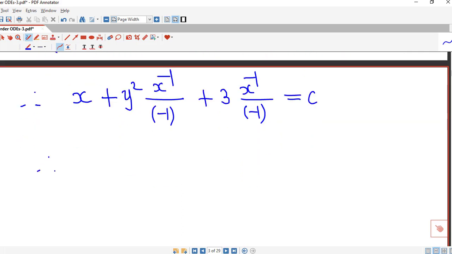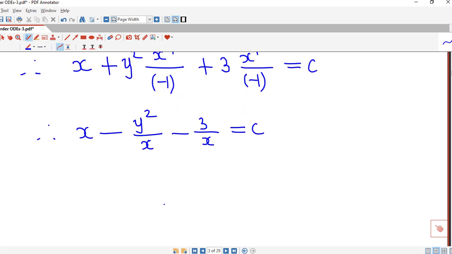So we rewrite all these things. This is x square minus x minus y square by x minus 3 by x equal to c, and this we can rewrite by multiplying with x. So we have x square minus y square minus 3 equal to c into x, where c is an arbitrary constant.